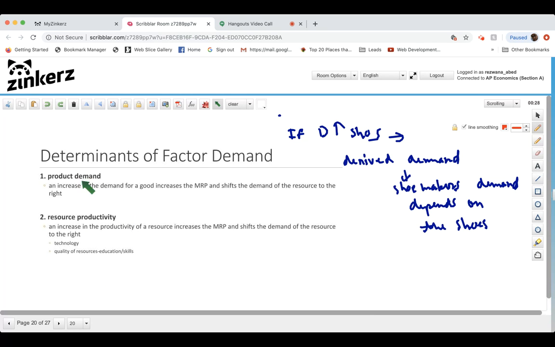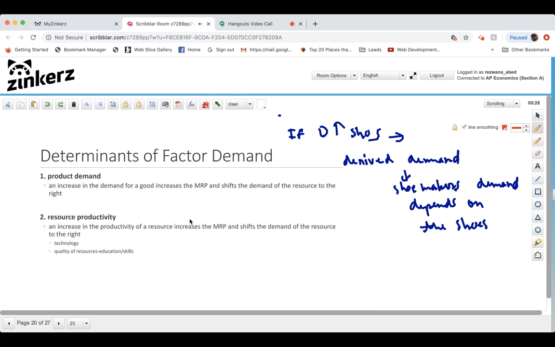So that was the first determinant: the demand for an input comes from the demand for a product. If there is an increase in the demand for a product, it will automatically increase the demand for the factor.